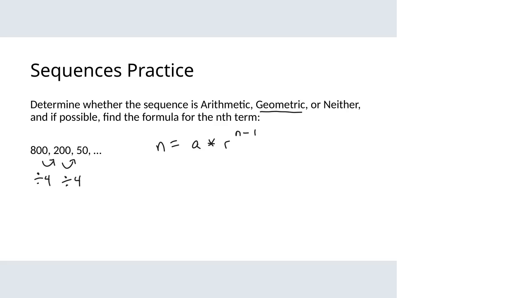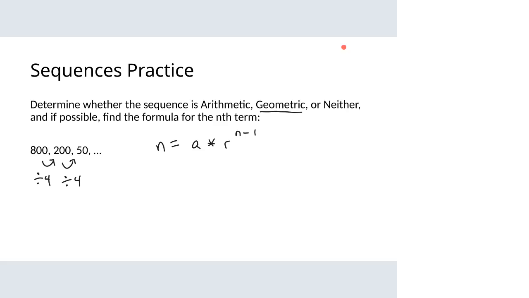I would absolutely let Courtney's answer be correct on a quiz or an exam. So that's important for y'all to see so that you know it, because, letter of the law, you're supposed to do the exponent before you do division. But I know what Courtney means here is 800 is a starting point. 1/4 is her common ratio. So it's a perfectly fine answer.